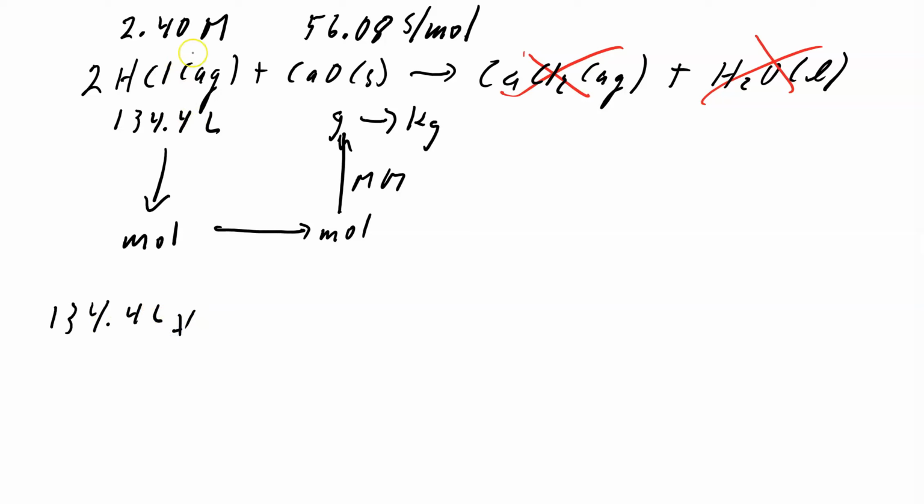Times, now we're going to multiply that times the molarity of 2.40 moles per liter. Liters cancel. I now have moles of hydrochloric acid. We're going to convert that to moles of calcium oxide. So we look, of course, at the coefficients in front of the two reactants. 2 moles of hydrochloric acid gives us 1 mole of calcium oxide.